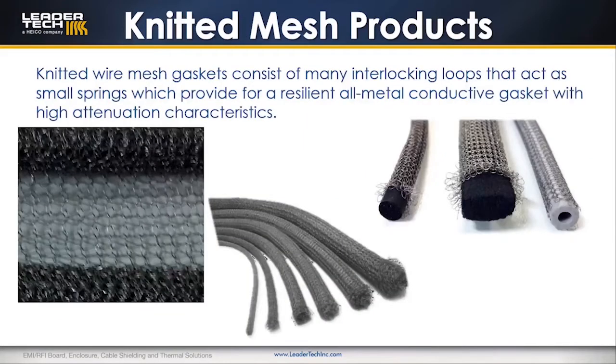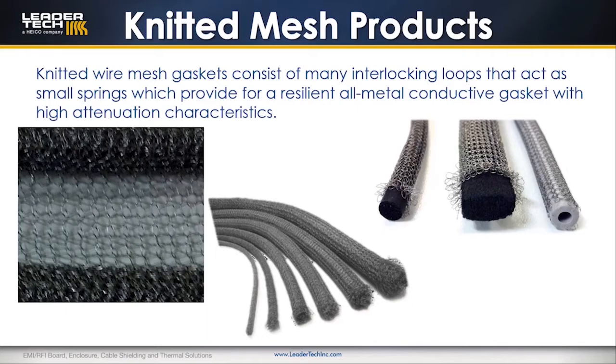Knitted wire mesh gaskets consist of many interlocking loops that act as small springs which provide for a resilient, all-metal conductive gasket with high attenuation characteristics. It can provide shielding effectiveness up to 130 decibels in the E field and up to 80 decibels in the H field. The standard wire materials are tin-plated copper-clad steel, Monel, and aluminum in cross-sections of rectangular, round, round with fin, and double round with fin.